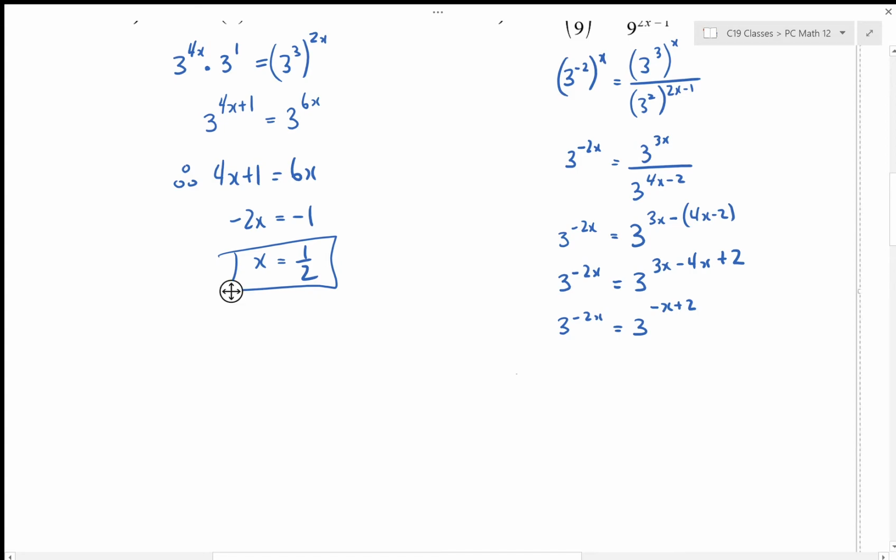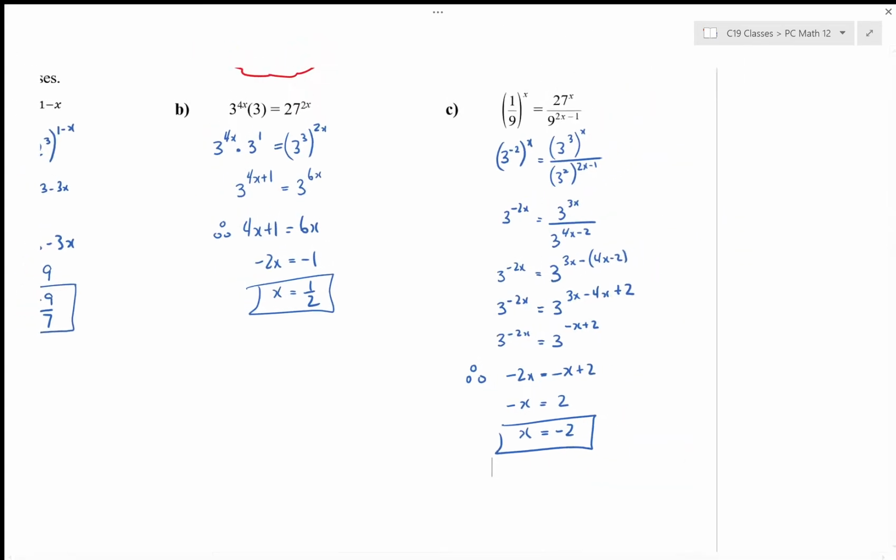Now I can go therefore, because I have 3 to the power of for both of them. Collect my x's on the left. Divide by -1. And I'm done. You can always verify again by taking those and putting them back in.